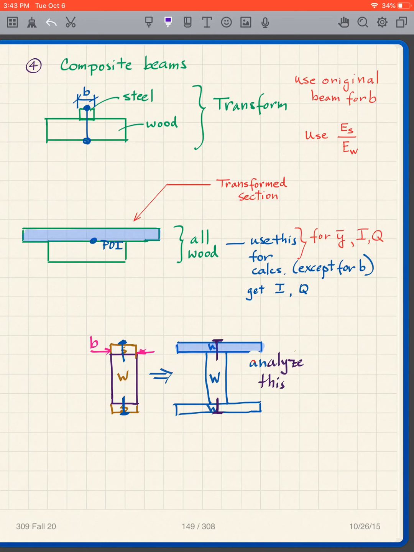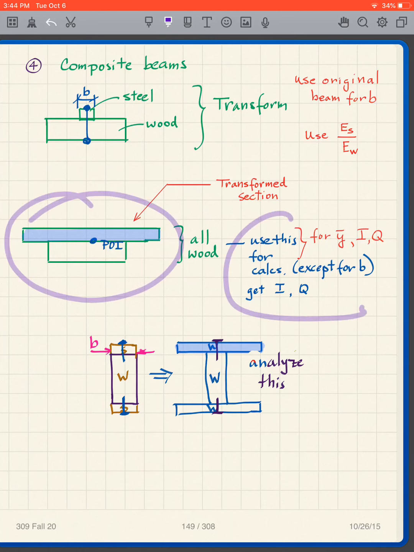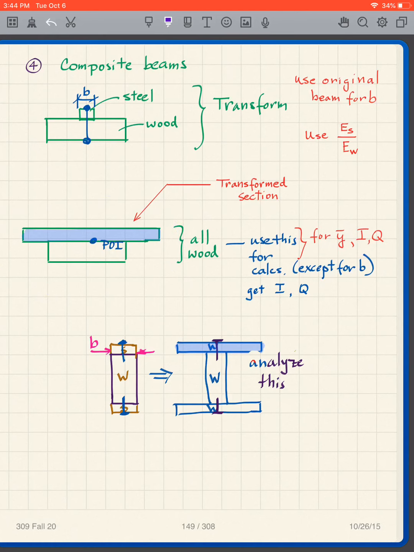We use the transformed section for all the calculations except for B. One way to look at it is that it's sort of a fake B, because I made it wider. My real B is right here, the width of the steel.